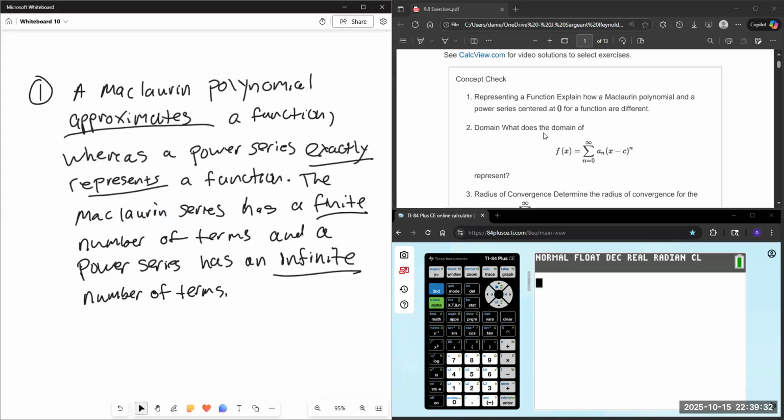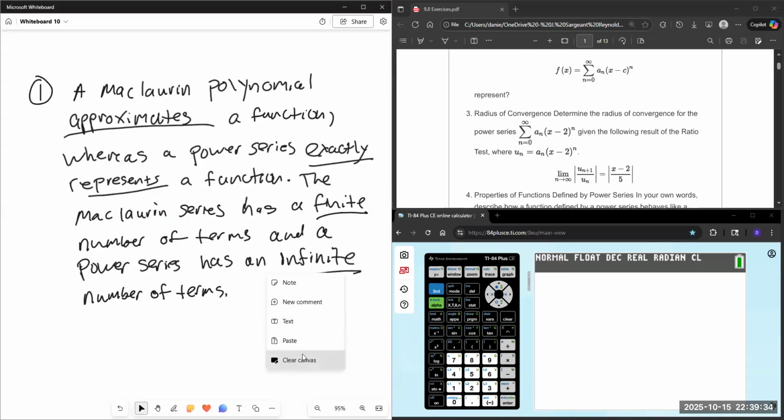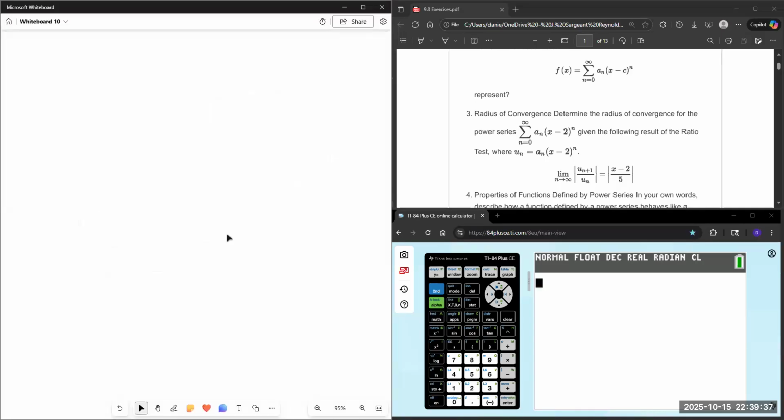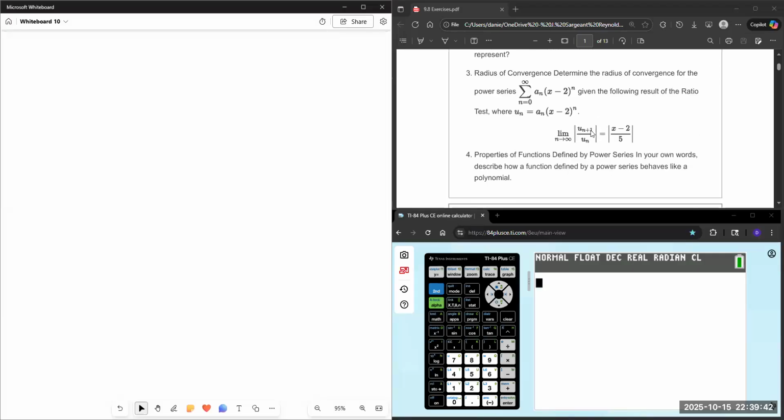All right, let's go ahead and look at 3, which has to do with radius of convergence. So when we go through the ratio test here, we get to the point where we have the limit as n goes to infinity of the n plus 1th term of our series divided by the nth term of our series was equal to absolute value of x minus 2 over 5.